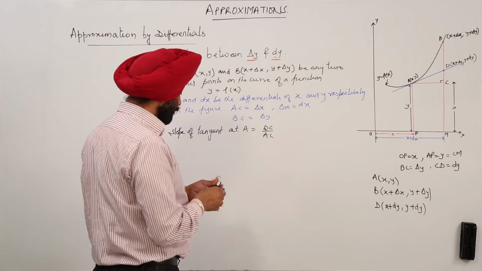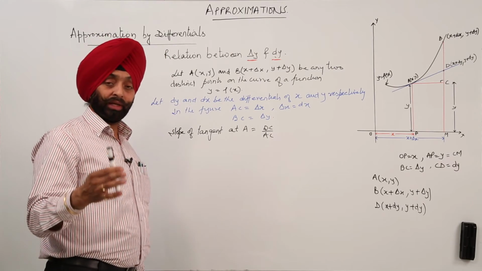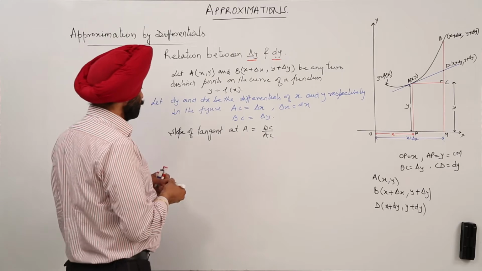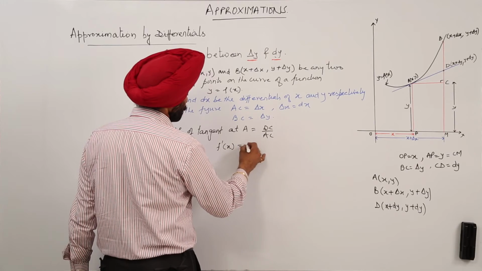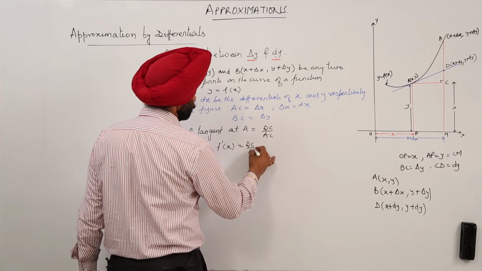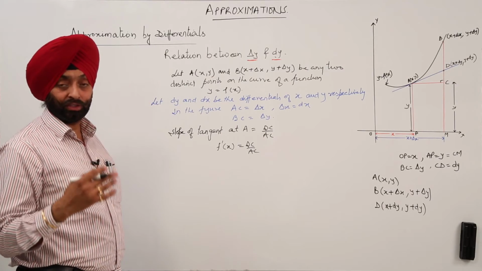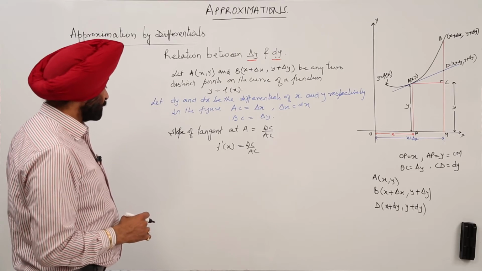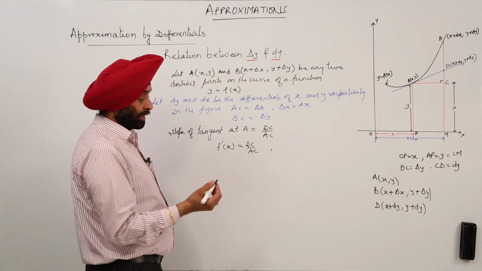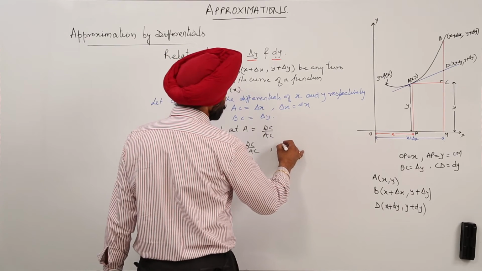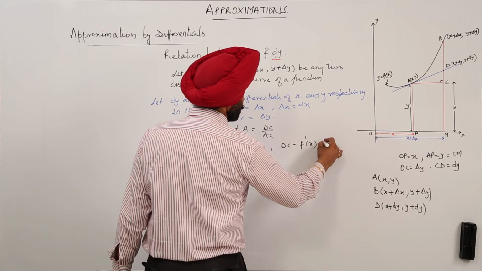Now as we have learnt in tangent and normals, that if we want to find the slope, we can differentiate an equation. So we can write it f'(x) is equal to DC by AC. Slope of the tangent DC by AC is what? Differentiation. Okay. Now f'(x) is equal to DC upon AC, or DC or CD, one and the same thing, or we can write DC is equal to f'(x) with AC.